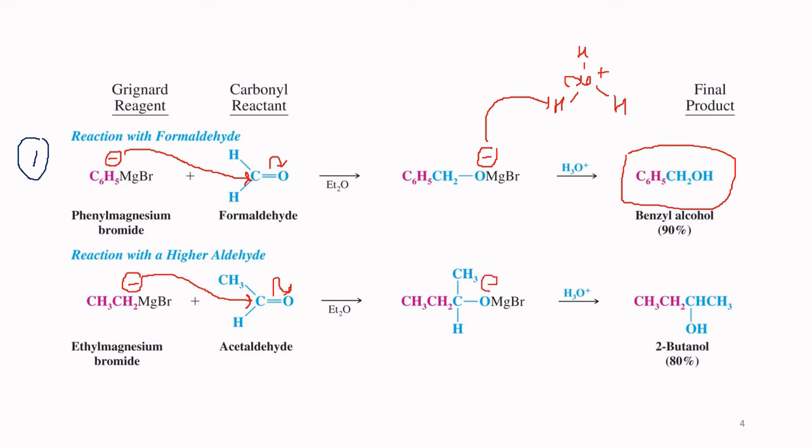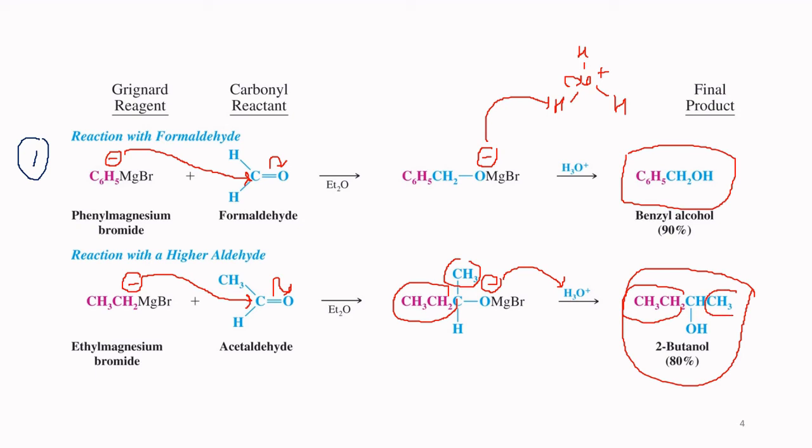This alkoxide will abstract the proton from the acid, and then it will give you a secondary alcohol, which is 2-butanol. If you look at the groups here, the CH3CH2 comes from the Grignard reagent, while the CH3 here comes from the higher aldehyde.